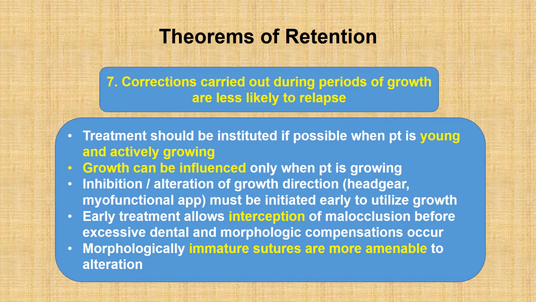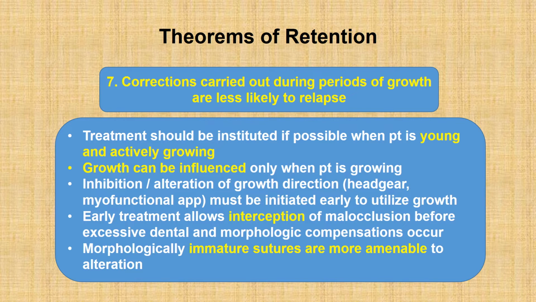Now, the seventh theorem of retention is that corrections carried out during periods of growth are less likely to relapse. This means that as much as possible, treatment should be instituted when the patient is young and actively growing, because growth can only be influenced when the patient is growing. Once growth is complete, it's difficult to achieve skeletal changes.